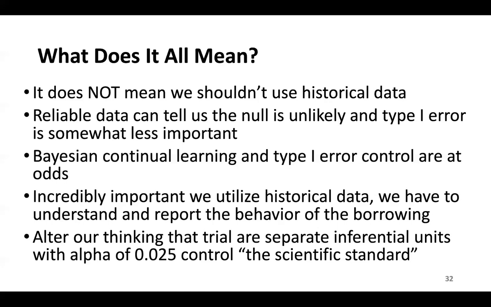We have to understand and report the behavior of how we use it, prospectively define that. But we also have to alter our thinking that the inferential unit of the single trial and 2.5% is the be-all, end-all scientific standard. It's not, because it ignores the data. So these two things are very much at odds with each other.